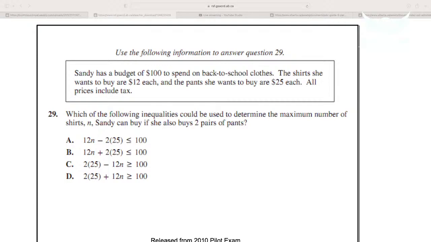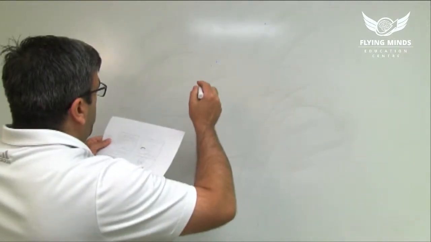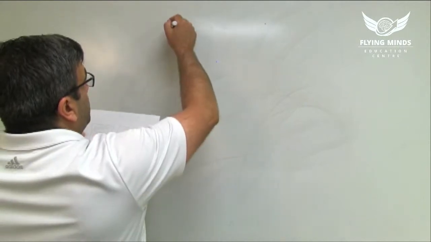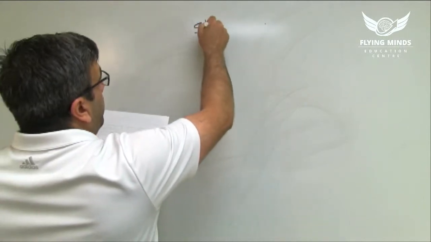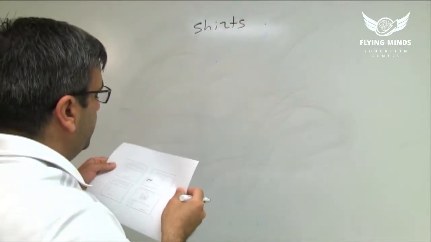Okay, so let's write everything down. So she wants to buy shirts and pants.